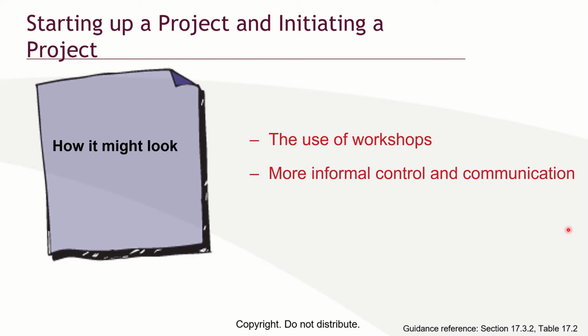Let people contribute ideas and make them relax, to contribute ideas in an informal way. No idea is to be considered a stupid idea. All ideas, you put them together and then you can prioritize. So you can use a workshop to achieve starting up a project and initiating a project.